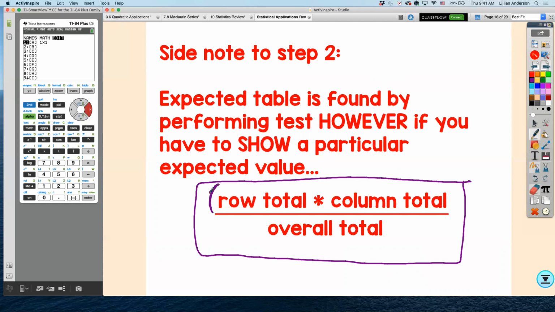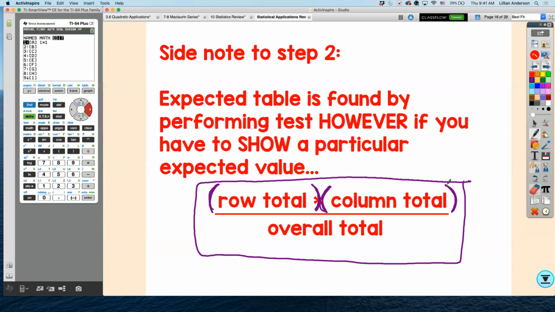It's your row total times your column total divided by your overall total. And you'll see what I mean when we get to an example. You see what I mean when I say row total and column total. But that's how you actually find the expected values that are found in the table when it's calculated.